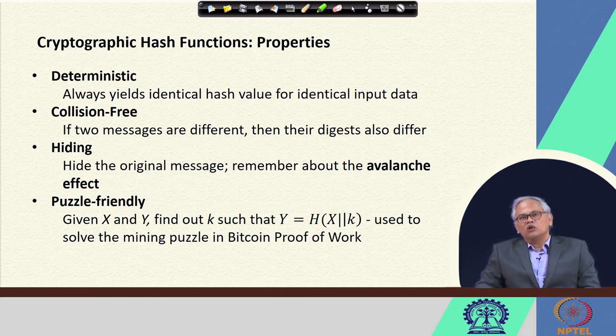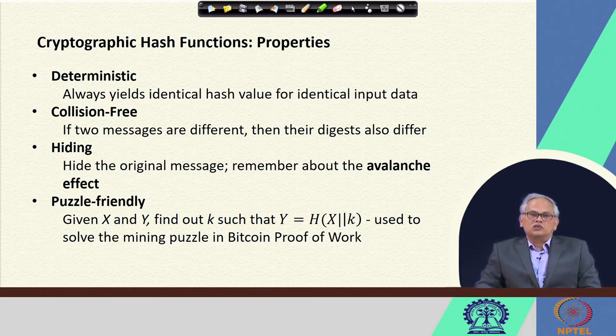Even if there are small variations in m1 and m2, the digests should not be similar. That means that knowing a message m1 and its digest h of m1, I should not be able to predict the digest h of m2 for message m2.